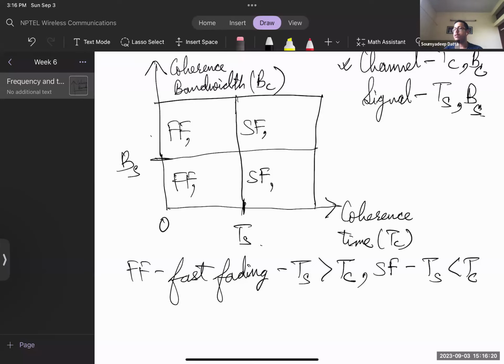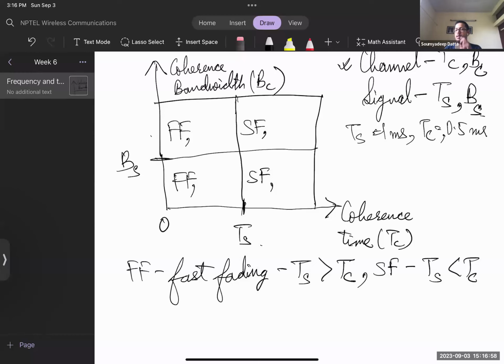We can take examples also. Let's say Ts equal to 1 millisecond and Tc equal to 0.5 millisecond, right? What does this mean? You take 1 millisecond of time to send the signal out from your transmitter.